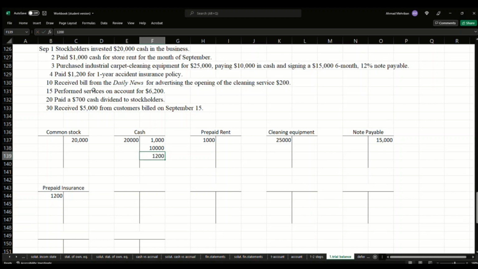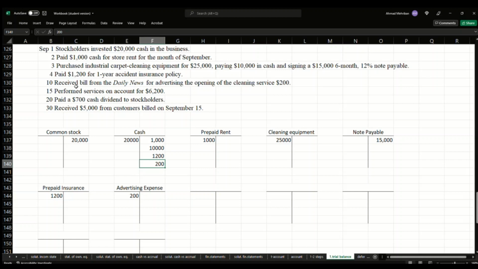September 10, we received a bill from Daily News for advertising the opening of the cleaning service, 200. So that will be advertising expense on the debit side, 200, and credit cash 200.